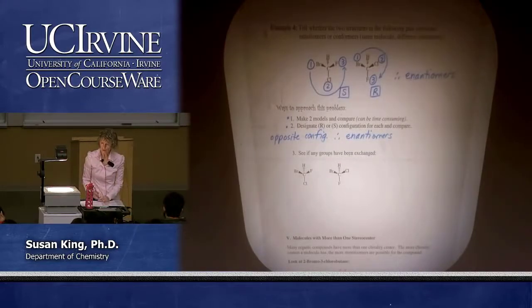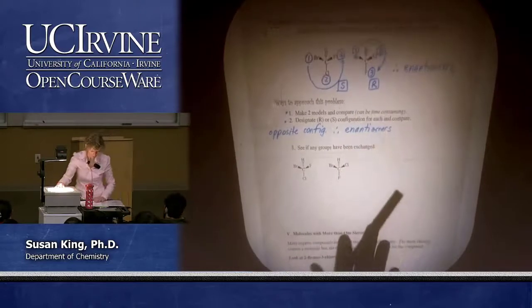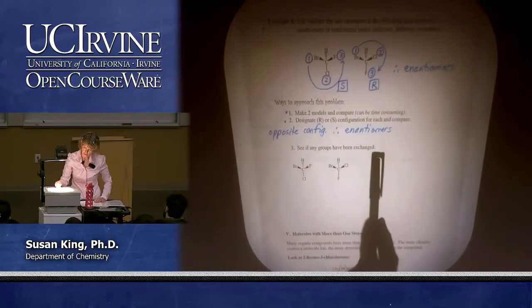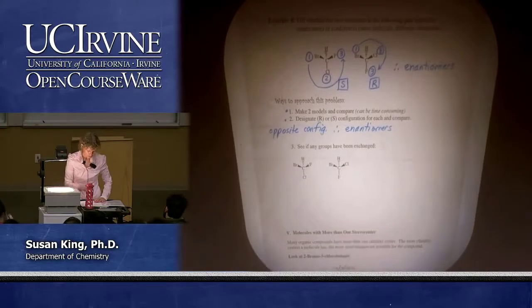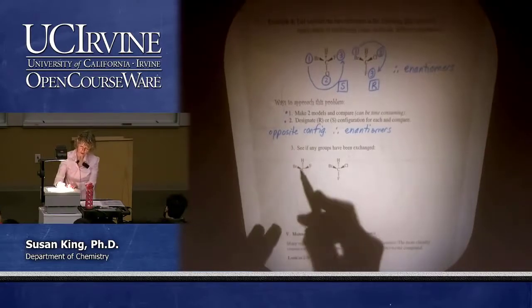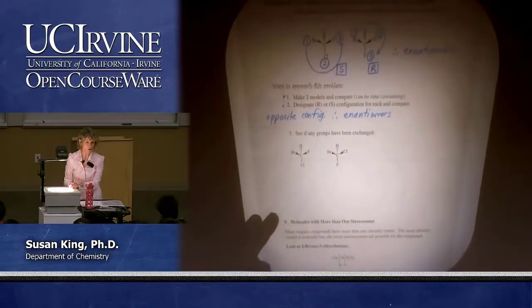Now, if one of them was drawn with the hydrogen in the plane or something, it would be a little more hard work to assign the configuration. So I'm going to give you a third way of doing that. And that's to see if any 2 groups have been exchanged. All right, so this is going to be the fastest way and the least prone to mistakes. Notice the hydrogen's back, the bromine's coming forward, it's on the left.